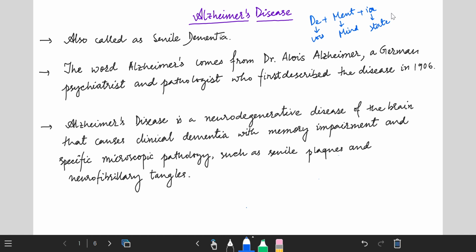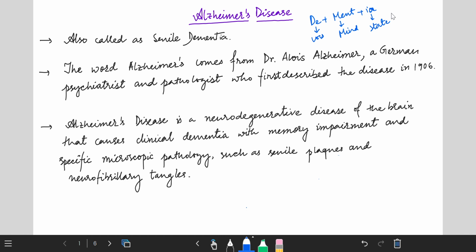And neurofibrillary tangles are intracellular fibrillar aggregates of a microtubule associated protein named tau, which is hyperphosphorylated and oxidized.